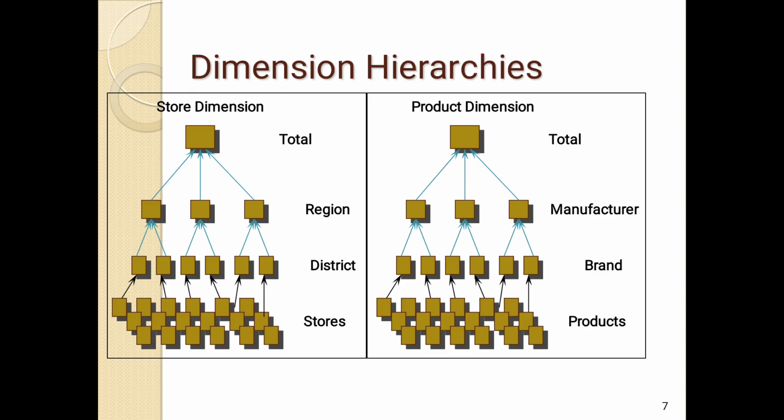So just see this lower hierarchy, how many stores you are having. So just collect those stores district wise. In how many districts are your stores there? Next, region wise, in which regions, like you're considering south, north, southeast, northeast, southwest. Likewise, you distribute your regions, and finally you conclude to total.